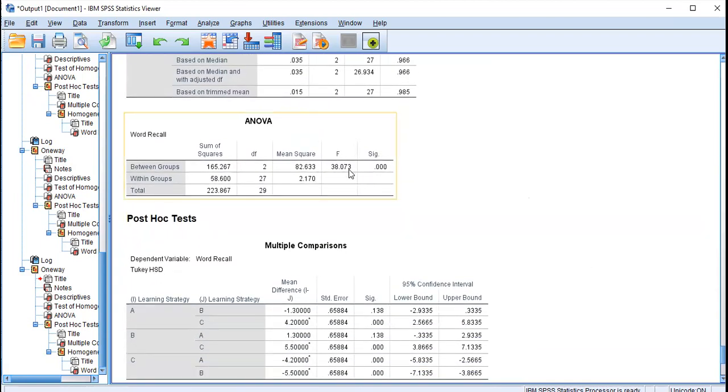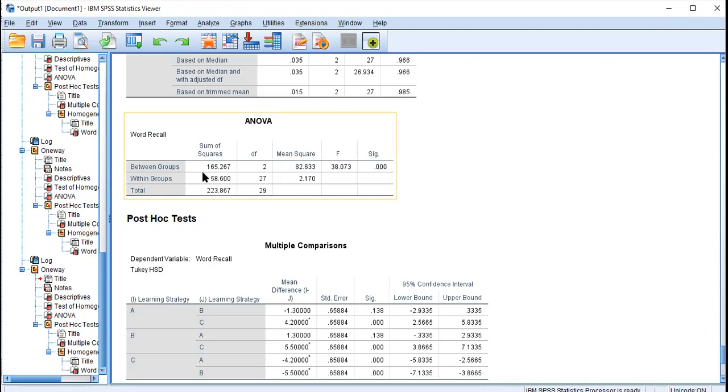In the ANOVA answer, the F value and the significance are given. Before that, we should be clear about effect size. Effect size tells us whether the result of the analysis is small, medium, or large. For one-way ANOVA, the effect size is denoted by eta square, which I'll show you when we look at the final answer.